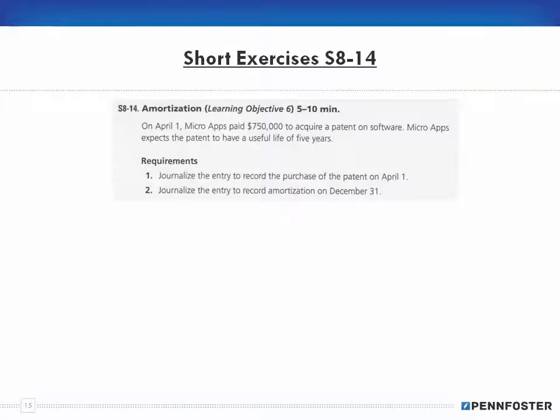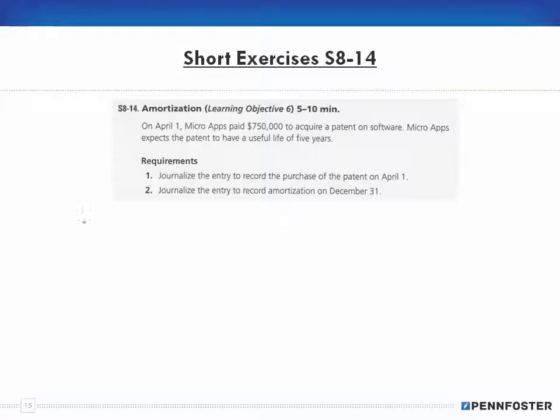But we treat them in the same way, and we just use different terminology. So from a conceptual point of view, you're doing the same thing. You already know how to do this. Just because it's an intangible asset does not mean you don't know how to do this. And it's the same thing with natural resources. When we get into another problem, we'll probably have one on natural resources. Same idea, same concept.